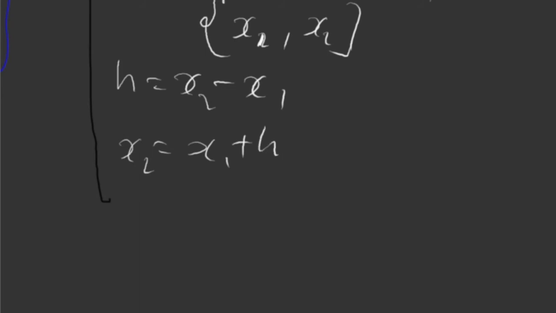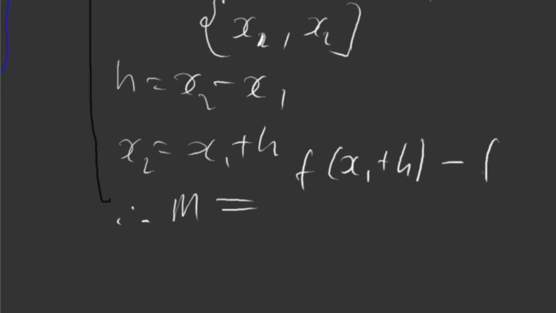So therefore our slope equation will be, where there's x2, we put x1 plus h.